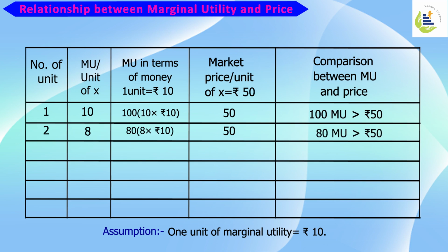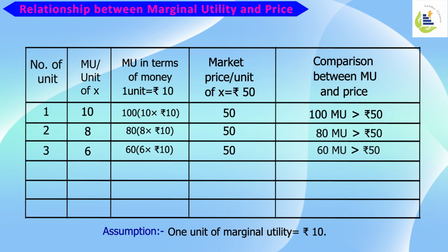When a consumer buys the third product, its marginal utility will be reduced now and it will be 6 units. So in terms of money, it will be 6 into 10, 60 rupees. For the third unit, the consumer will pay 50 rupees only. Still, for the third unit, the marginal utility in terms of price is more than the actual price paid.